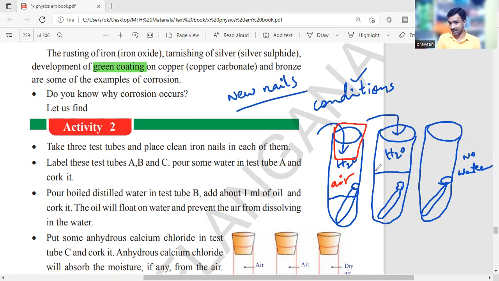So for that, I am adding a layer of oil to avoid the contact of water and air. So here, only water is in contact, but no contact with the air.